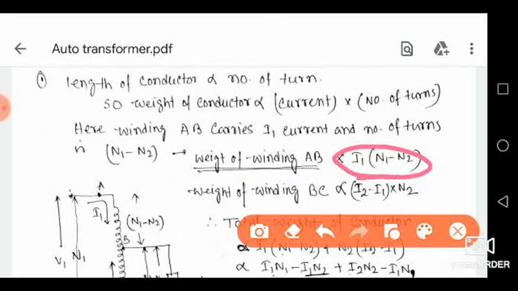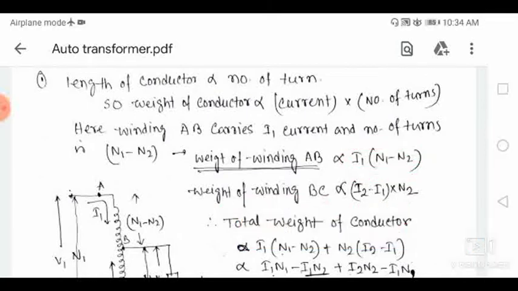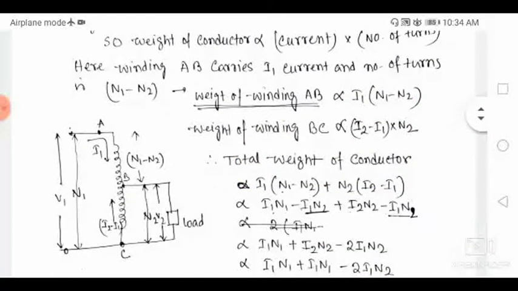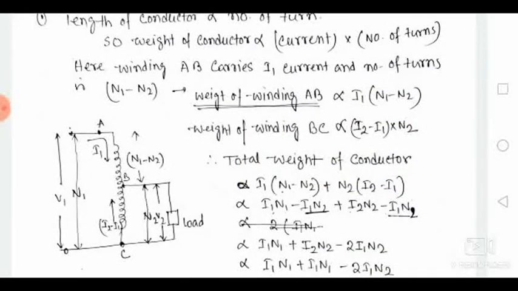Similarly, the weight of winding BC is proportional to its current, that is I2 minus I1, into N2. So the total weight of the conductor is nothing but I1 into N1 minus N2 plus N2 into I2 minus I1.